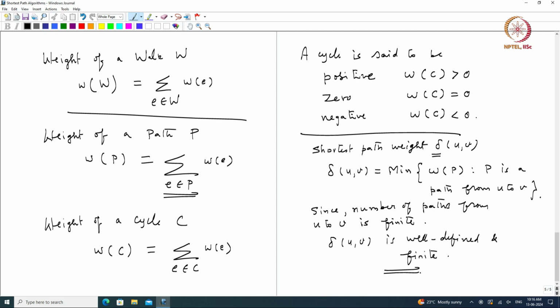If there is a path, it has got a weight. If there are several paths, each path has a weight and find a minimum.